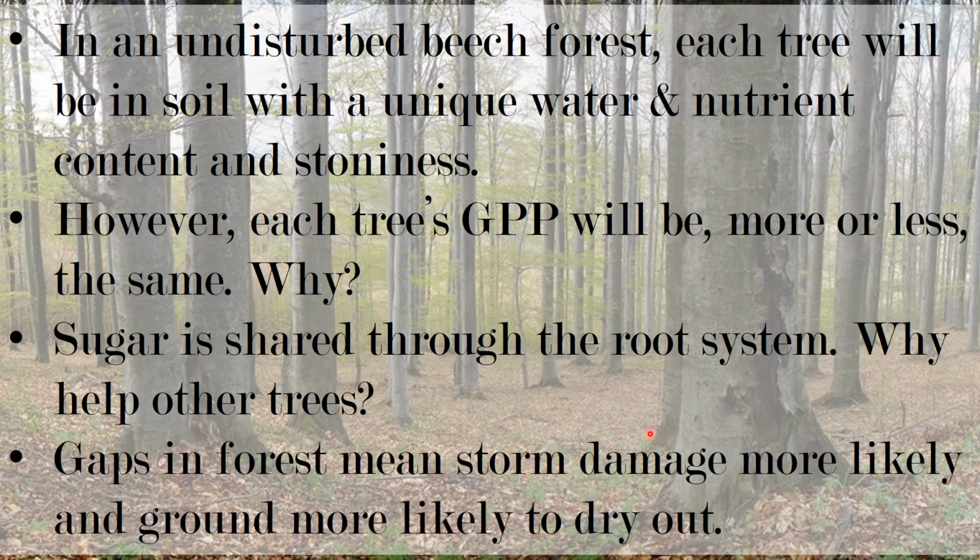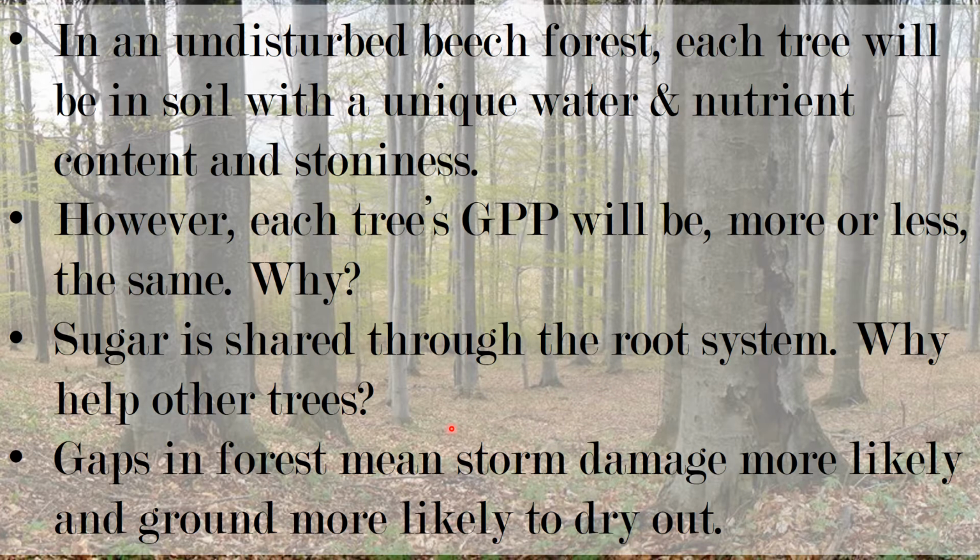Well, it pays for them to work together because, this is what scientists believe, if there are gaps in the forest, then the trees are more likely to be damaged if there are high winds and storms. More trees around them offers protection, and it's also more likely that the ground is going to dry out because sunlight will be able to reach the ground.